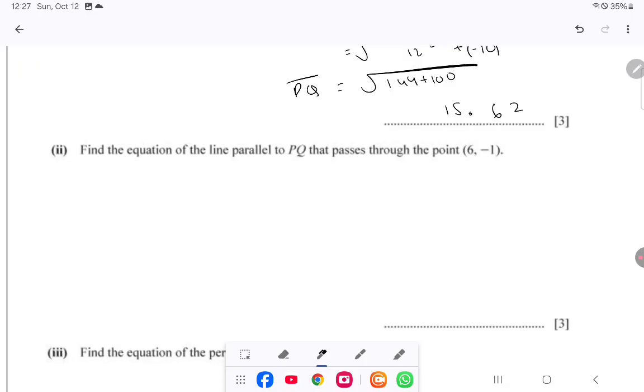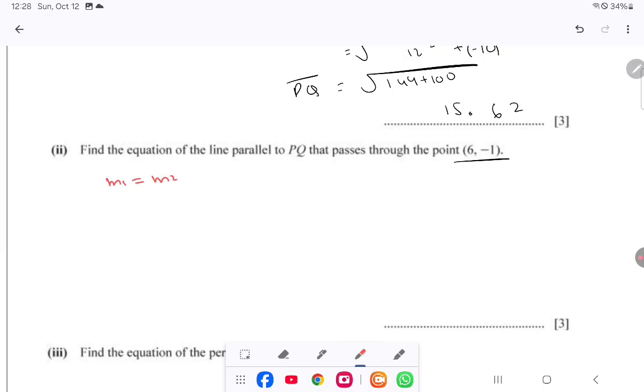Now find the equation of line parallel to PQ that passes through the point. Points are given. What we have to do is calculate the value of slope and the C. For the slope, we know that for parallel lines M1 will be equal to M2.